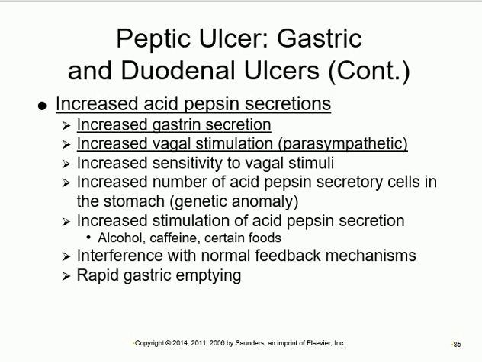How about excessive vagal stimulation? Do you remember when I told you that the vagus nerve is the main parasympathetic nerve? And does the parasympathetic increase or decrease secretions? Increase secretions. So it increases secretions including pepsin and HCl, eroding the stomach. Are we following so far?